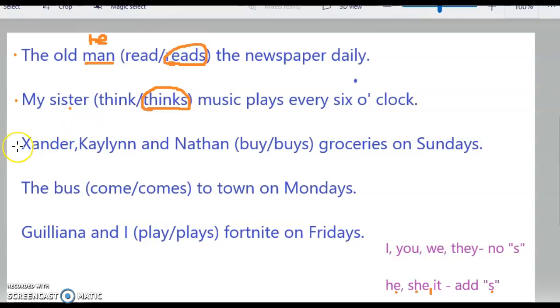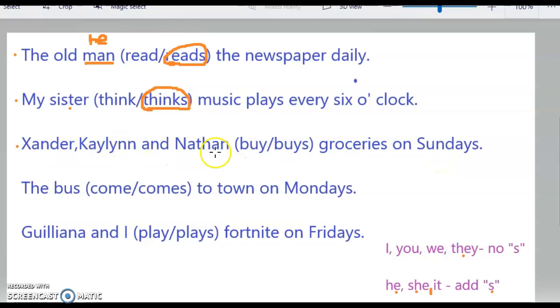Let's go on to the third one. Okay, so for the third one, we have Xander, Kaylin, and Nathan blank groceries on Sundays. Which pronoun can replace all three of them? Xander, Kaylin, and Nathan. The pronoun they, right? They blank groceries on Sundays.